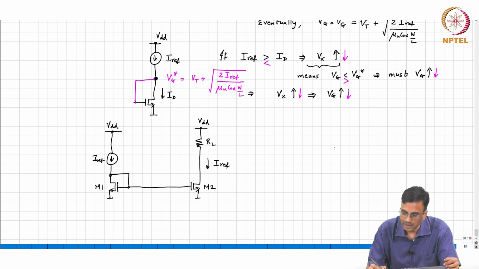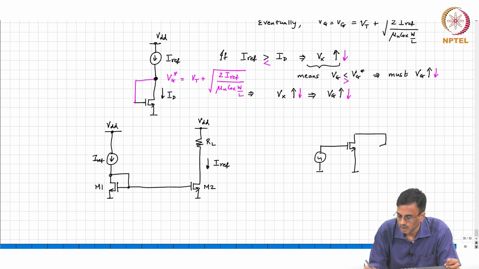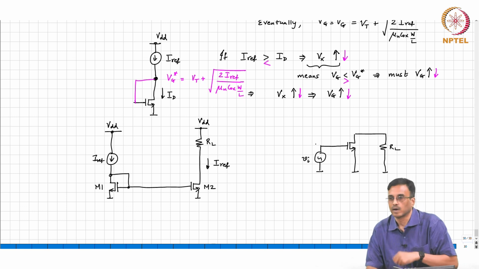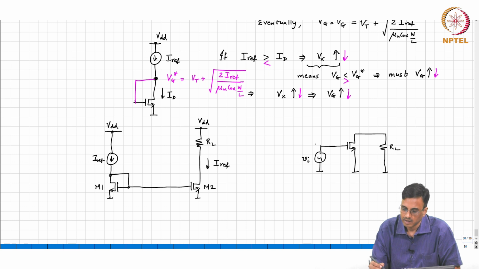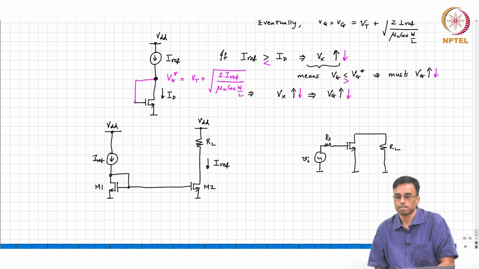So, for incremental signals, let me remind you that as far as the amplifier is concerned, it must look like this. Okay. All right. So, perhaps the Vi has some source resistance Rs. Okay.